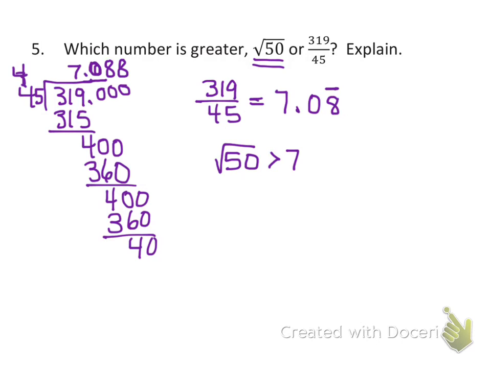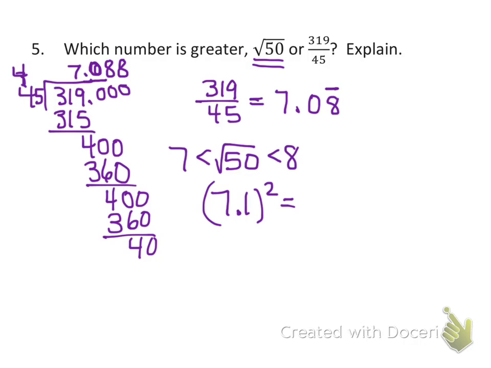I know that it's greater than 7 and less than 8. Okay, so that doesn't give me enough information yet to compare it to 319 over 45, because our number 319 over 45 is also between 7 and 8. And I know that 50 is really close to 7. So I could try 7.1 squared to see what that is.